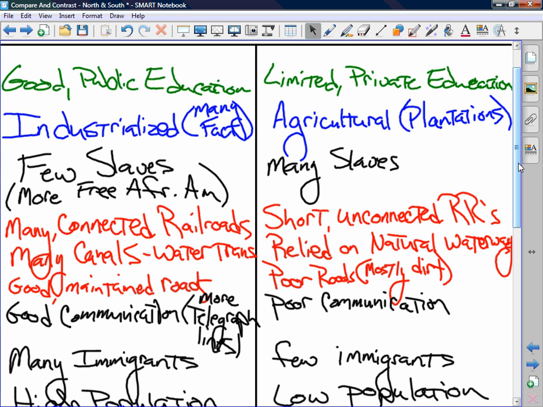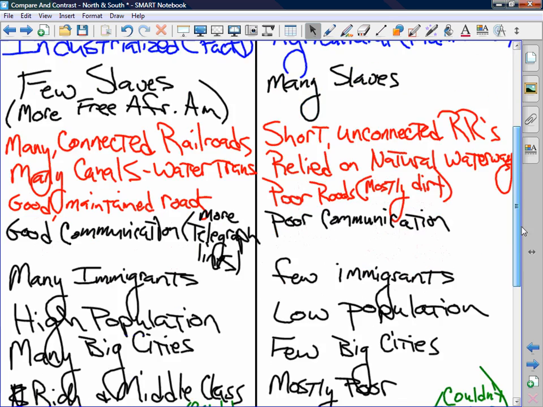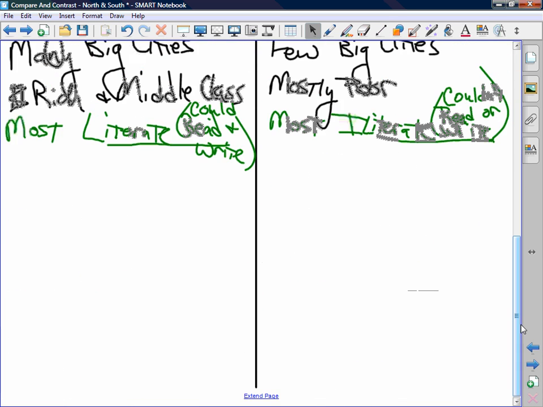Few slaves, many slaves. Many connected railroads, short unconnected railroads. Many canals, relying on natural waterways. Good maintained roads, poor roads. Good communication, poor communication. Many immigrants, few immigrants. High population, low population. Many big cities, few big cities. Rich, middle class, mostly poor. Most people are literate in the North, most illiterate in the South.